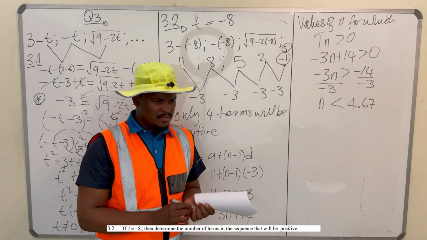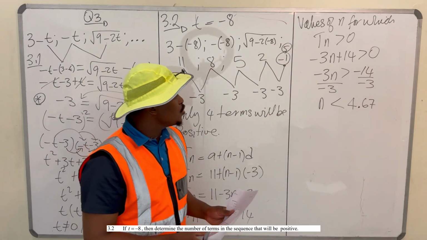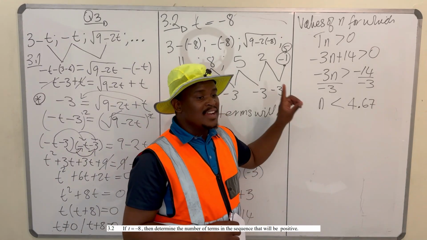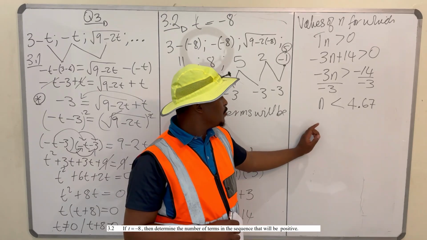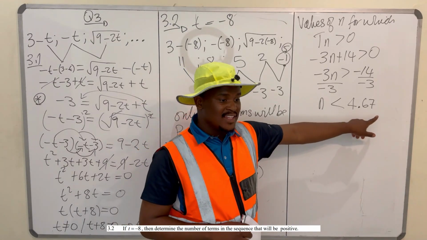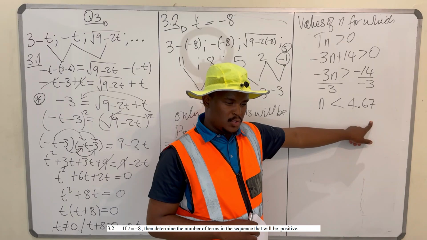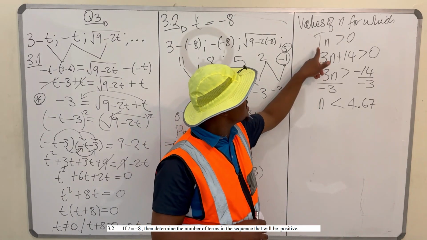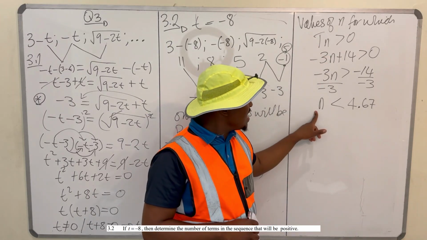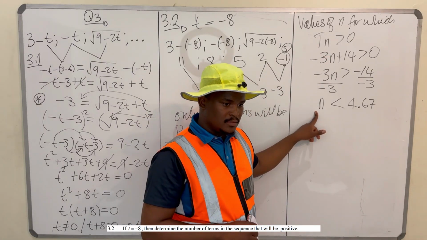Do you understand that? So what this tells you is that your Tn will be positive for n less than 4.67.